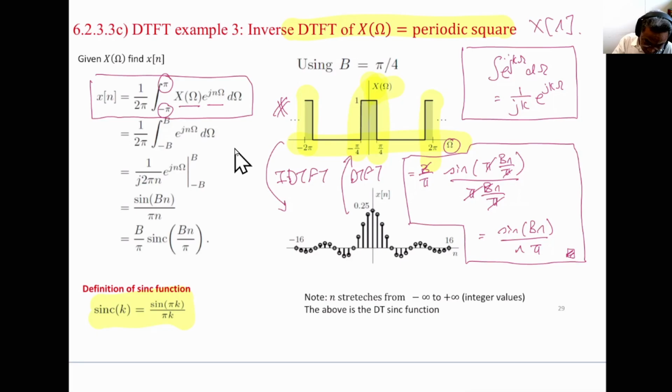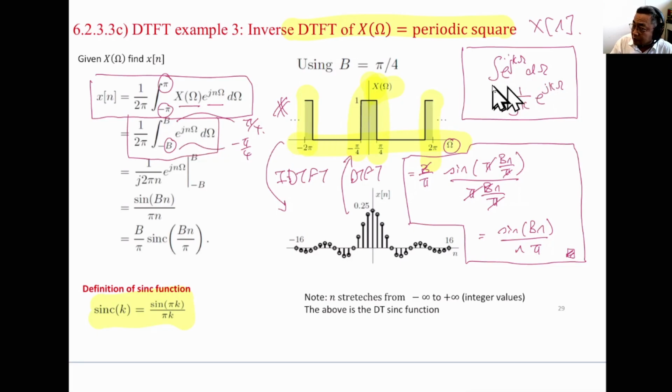So this integration reduces to here, where the limits are minus b, with b equal to pi over 4, to positive b. The only problem now is how to integrate e^(j omega n) d omega.